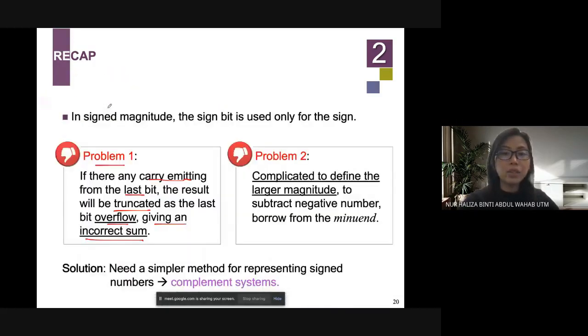And another conclusion is that it is complicated to determine the larger magnitude to subtract a negative number. There are no examples on subtraction yet, but later on you will look into it. So these are two big problems in sign magnitude numbering.